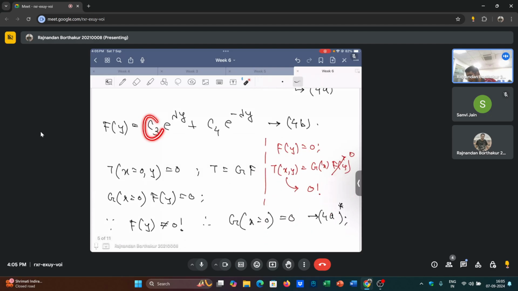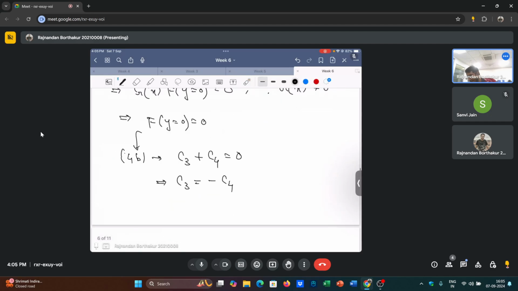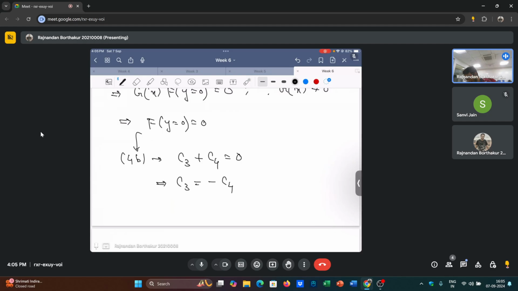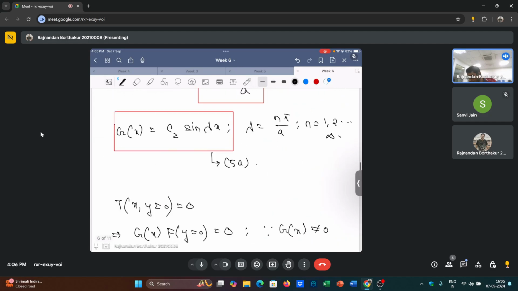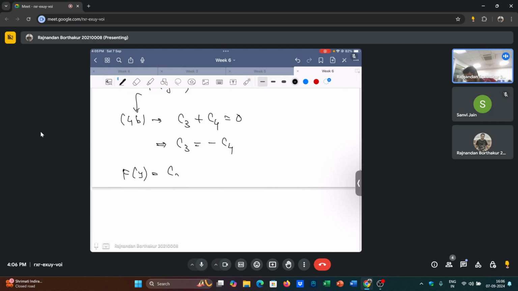So if C3 is equal to minus C4, then from equation 4b I can eliminate one of these constants. I can simply write f of y, keeping C3, and C4 I'll write as minus C3. So this becomes C3 times e power lambda y, plus minus C3 times e power minus lambda y. I have just used this boundary condition in equation 4b.